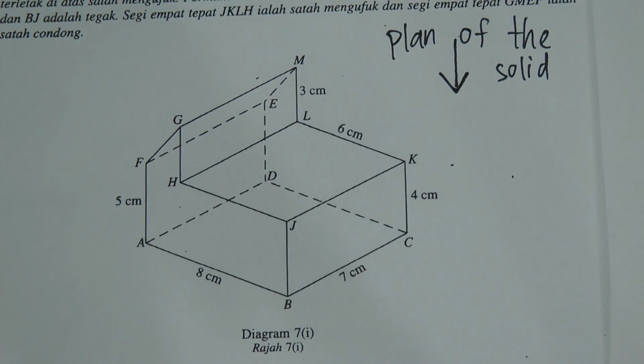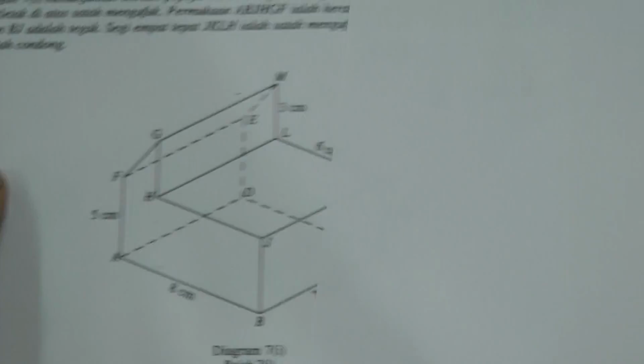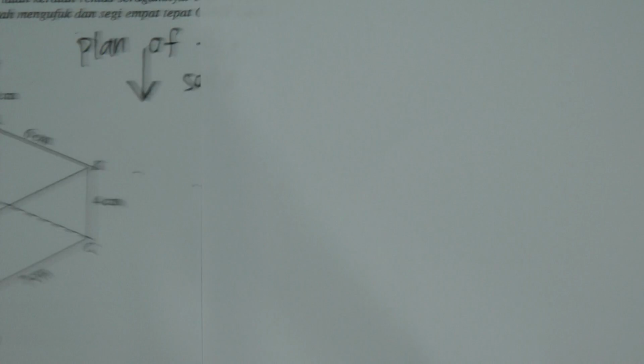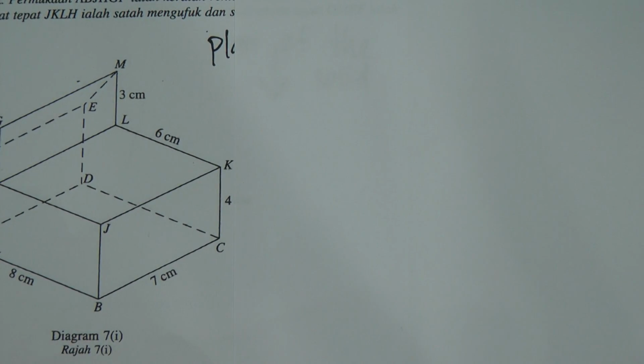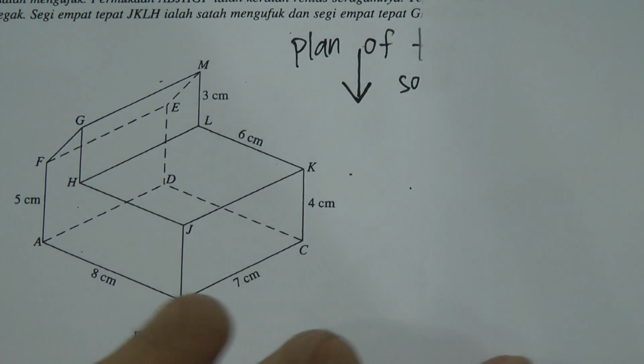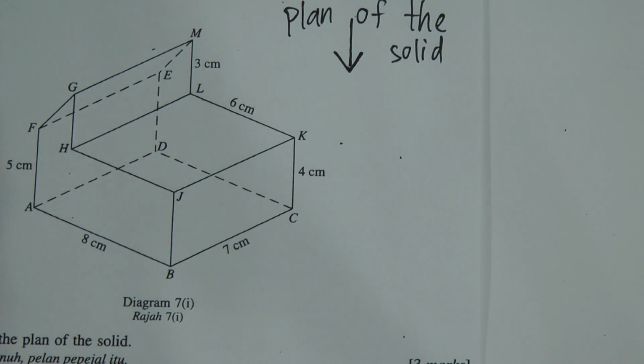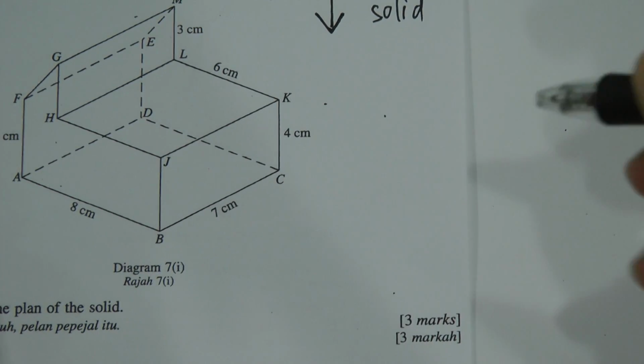Okay, so what I do now is I take a piece of paper. In order to draw the full scale, before I start to draw, I scratch it out first to make it easier to understand.